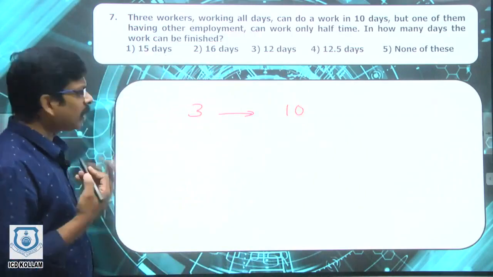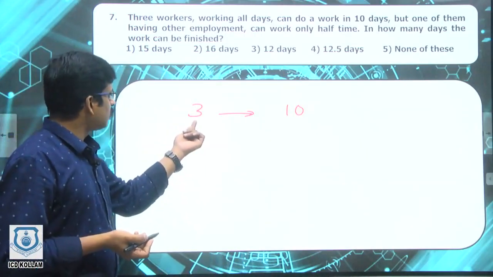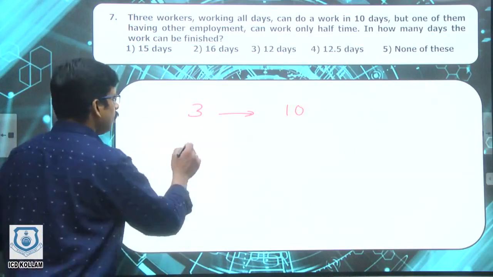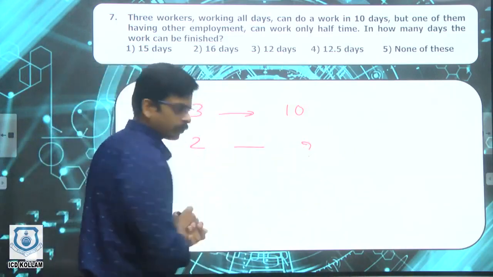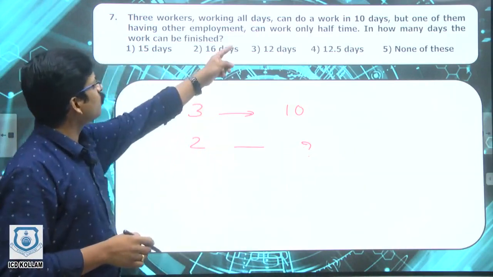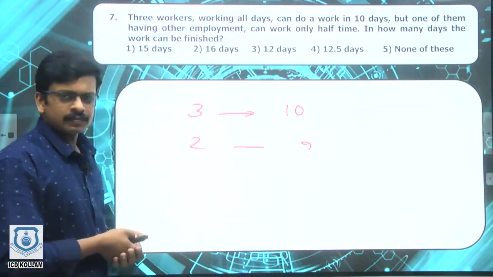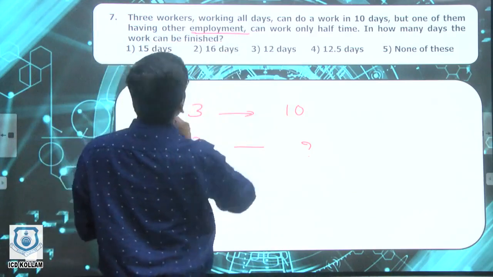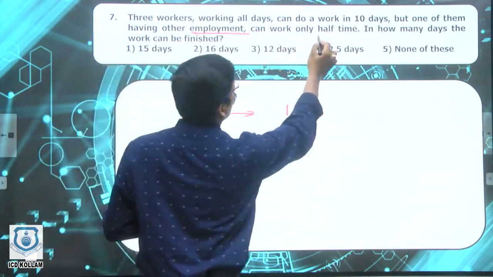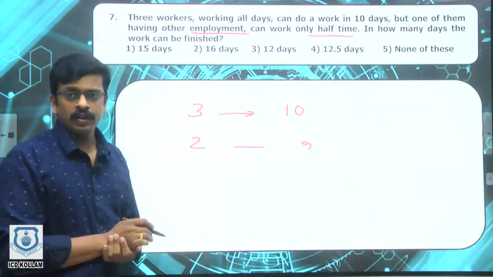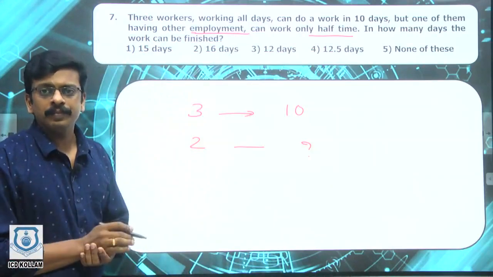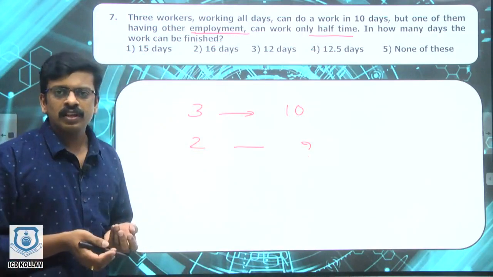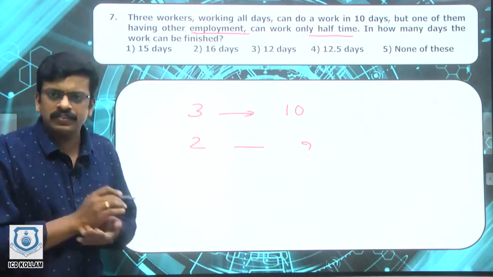One of them is not there, then this will become 2, then how many days? But that one is not completely eliminated; he has some other employment, but works half time. So, whatever his efficiency, he contributes half of that efficiency compared to the previous case.